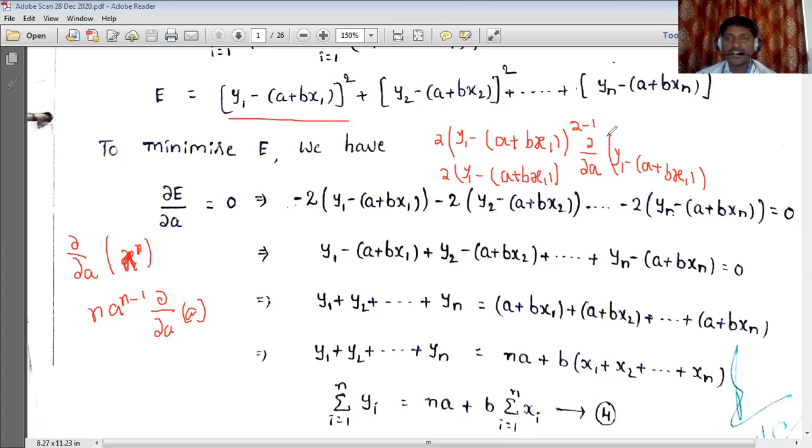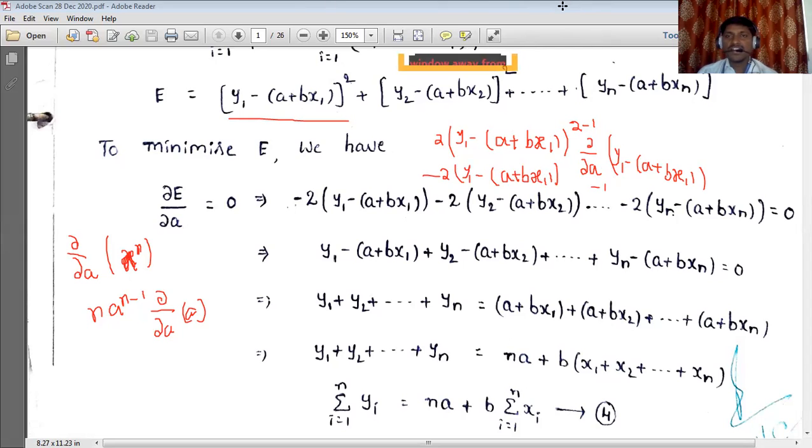And dou by dou a: y1 is constant, so with respect to a this is 0, and the next term with respect to a gives minus 1. So simply we get minus 2 into y1 minus of a plus bx1.